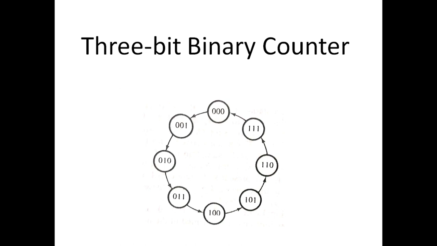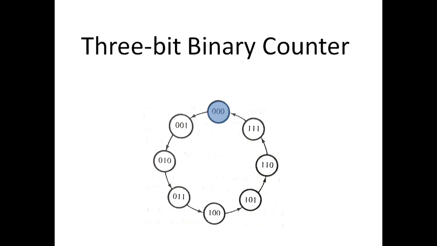Here on the screen, you can see a state diagram that shows the transition from one state to the other, and then from the other to the other, and then it repeats. So let's assume the binary counter begins at 0, 0, 0, and the arrow shows the direction of the transition.